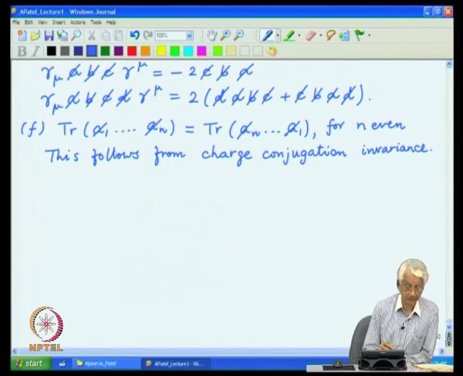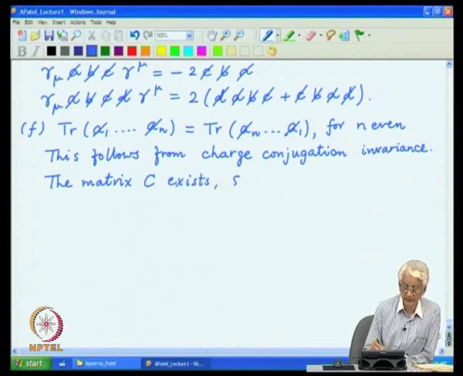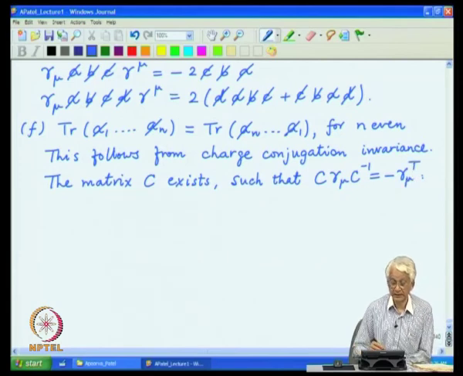In particular, the matrix C exists such that C gamma mu C inverse is equal to minus gamma mu transpose.